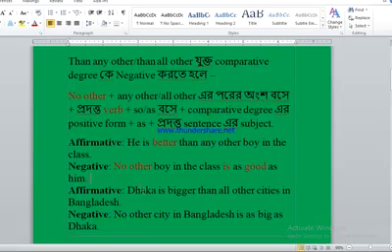Next example: Dhaka is bigger than all other cities in Bangladesh.